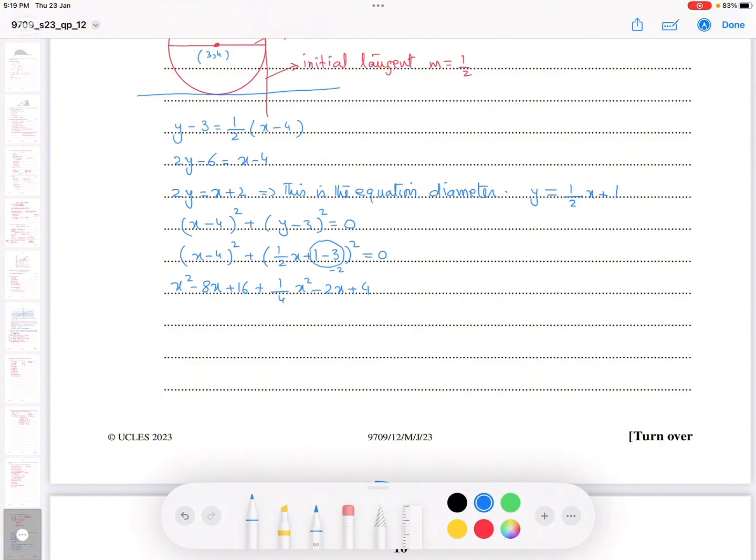One more thing I have to correct: I should not write zero. This is actually 20.